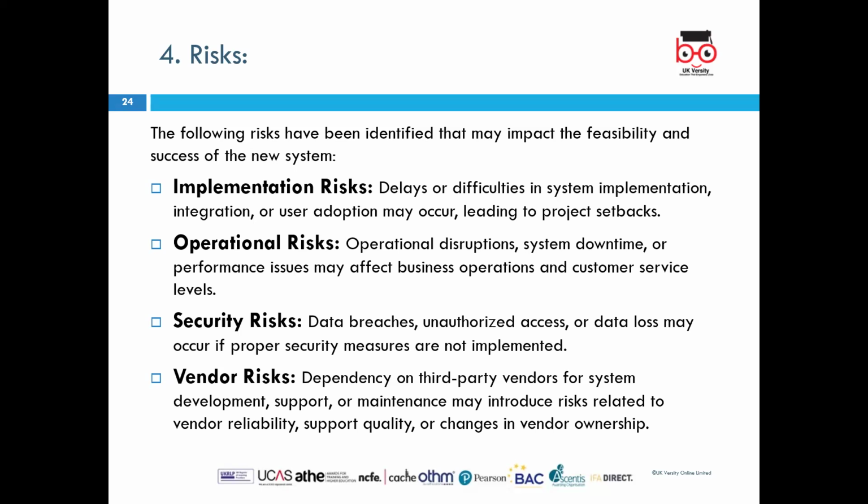With implementation, we could have delays or difficulties in the system implementation, or integration or user adoption problems might occur. Operational risk looks into operational disruption, system downtime, or performance issues, which might affect our productivity.